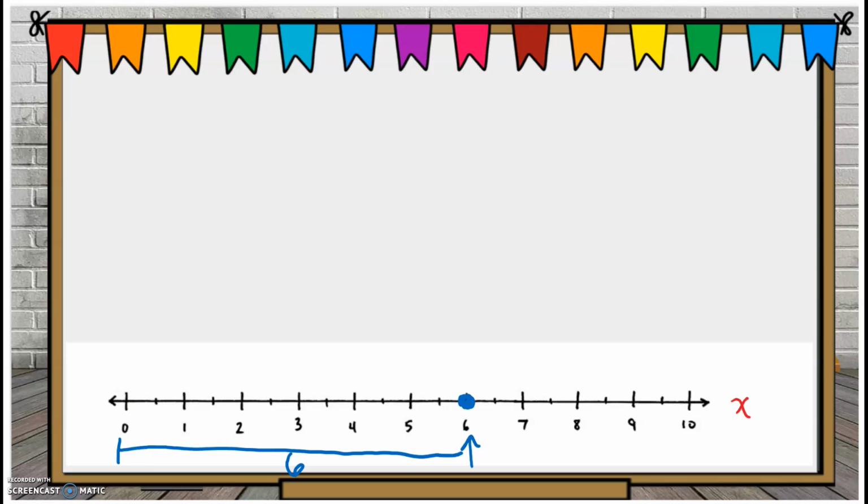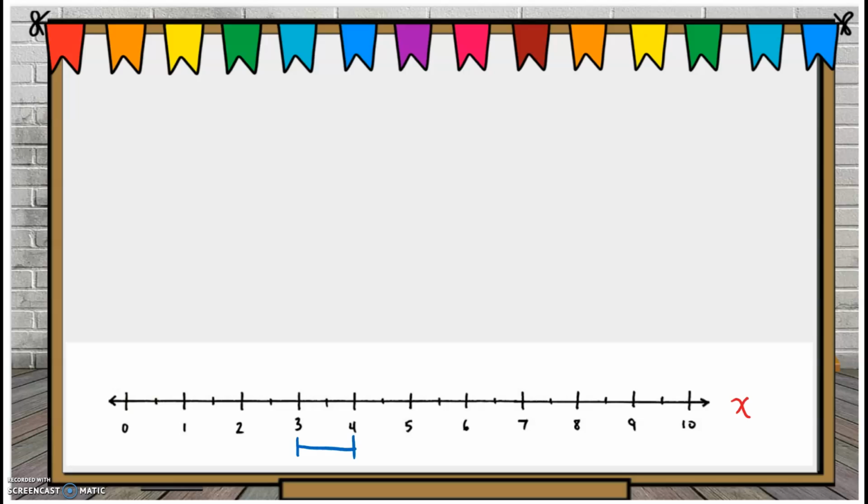When the coordinate of a point is half a unit further away from 0 than 3, then what is that point? If a point is half a unit further from 0 than 3, so half a unit.